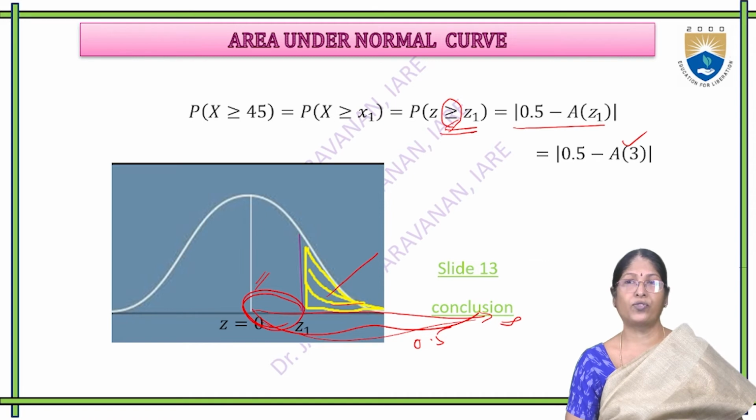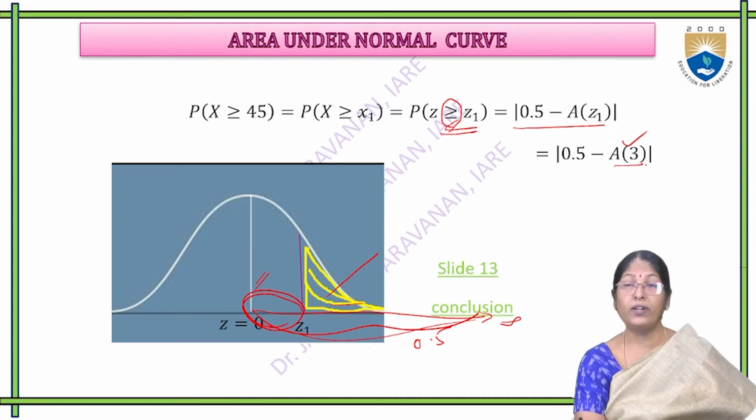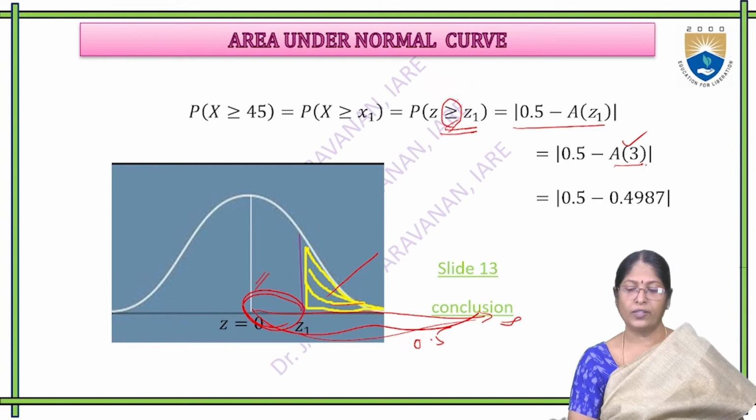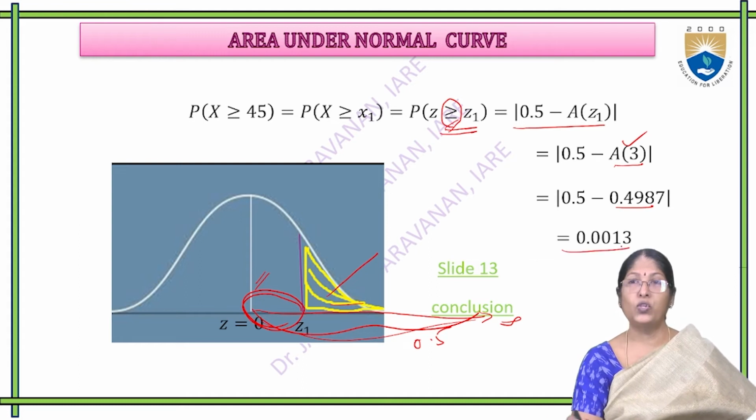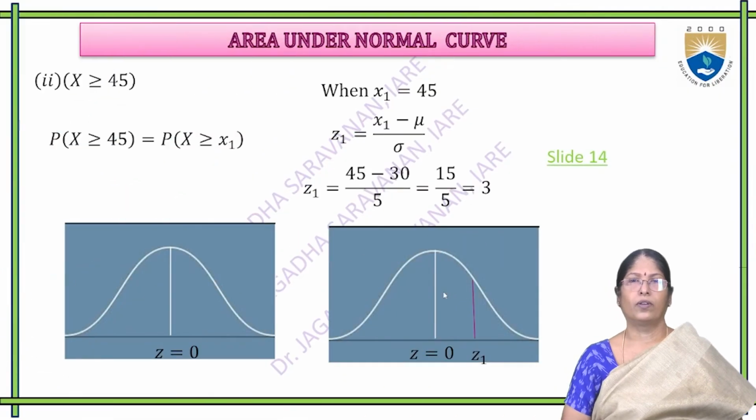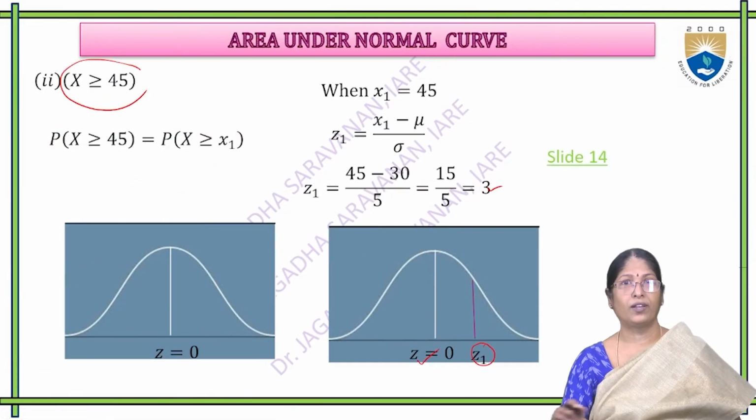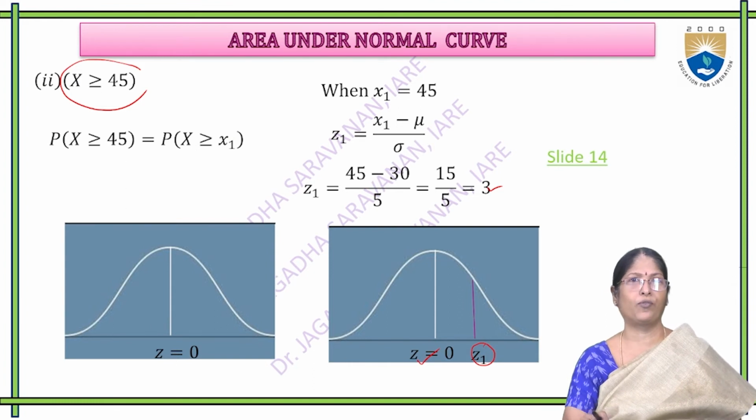Now the area of 3, using the normal distribution table, is 0.4987. So 0.5 minus 0.4987 is 0.0013.